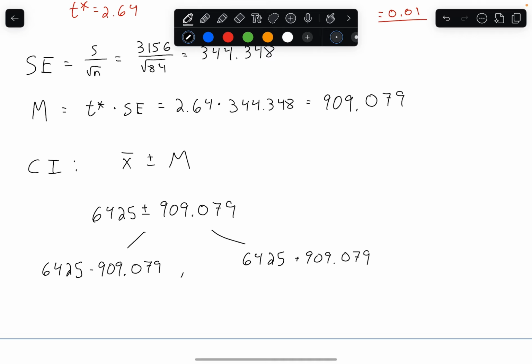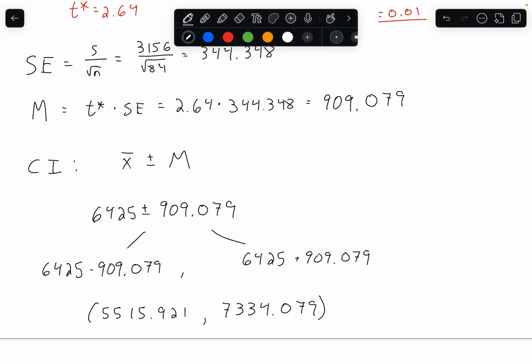My lower bound should look like 5,515.921. And then my upper bound, when I add those 2 values together, 909.079, I end up with 7,334.079.